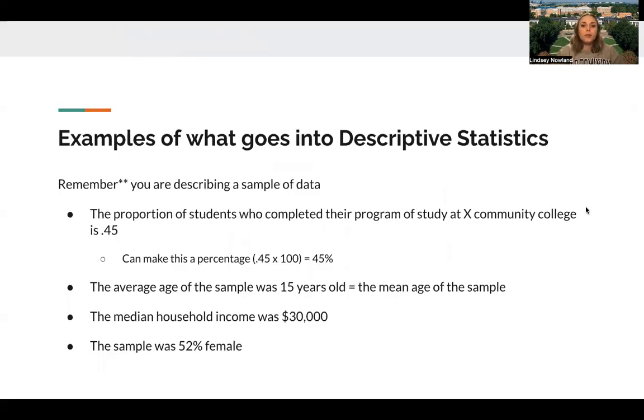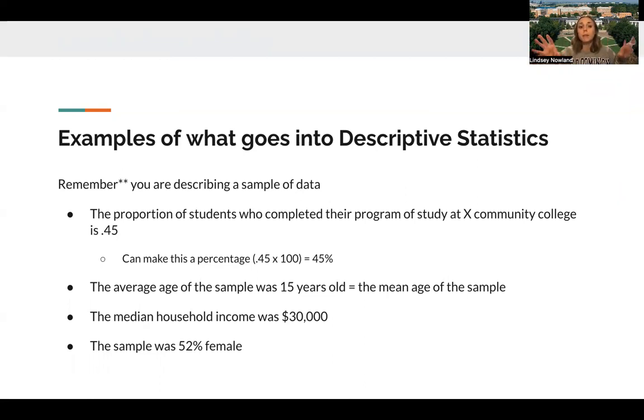So some examples of what goes into descriptive statistics. Remember, with descriptive statistics, you are describing the sample of data without making any inferences. So it doesn't even matter the effect or the impact of your independent variable on your dependent variable. You're not looking at the way that independent variable may influence your dependent variable.